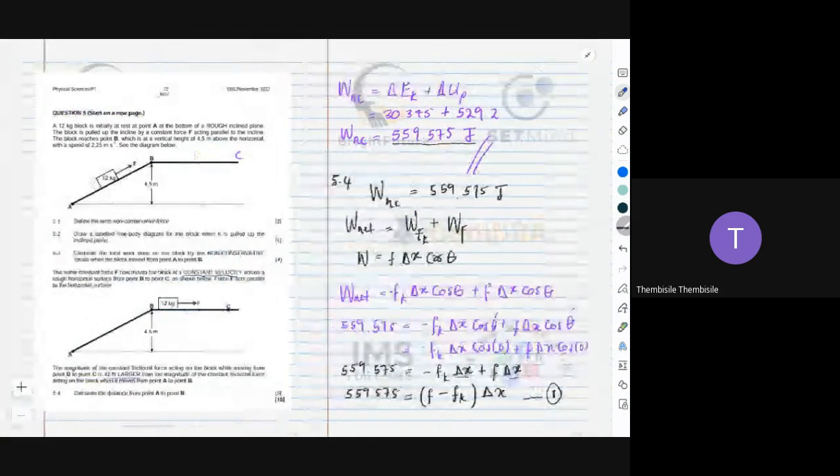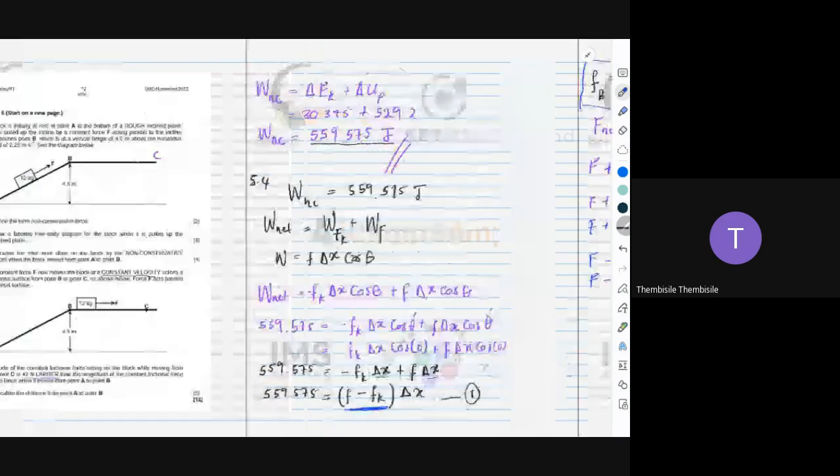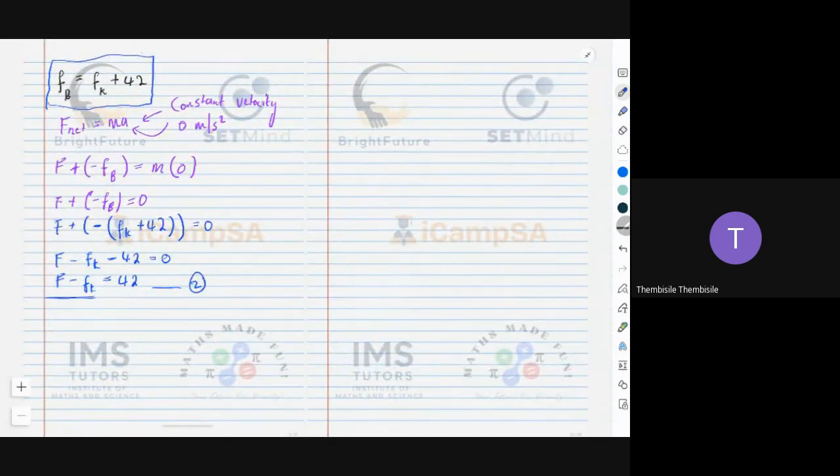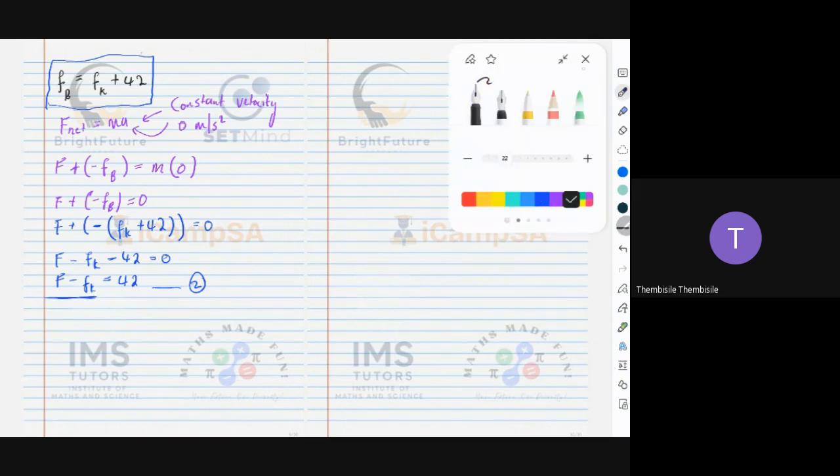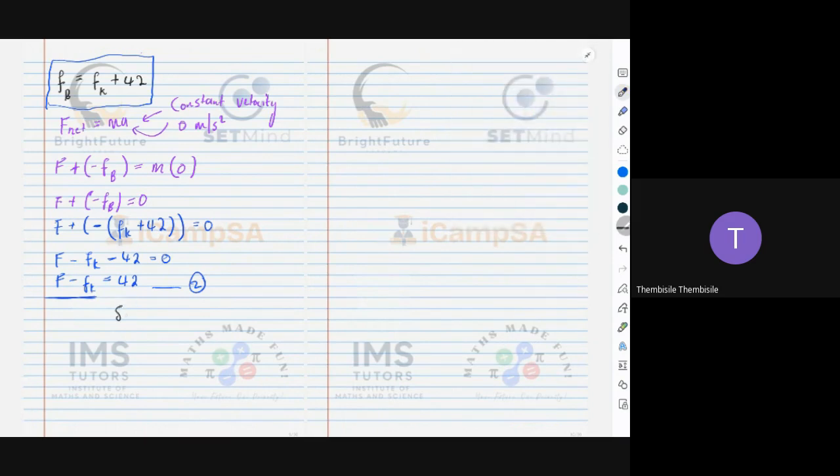So let's see here, what do we have? We already have this here, which is similar to what we have here, right? So we can sub in 2 into equation 1.